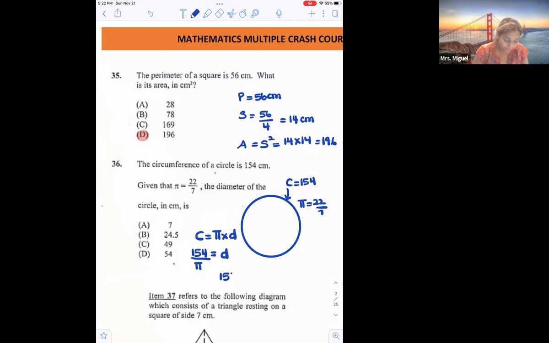So 154 divided by 22/7, which is 154 multiplied by 7/22. So 154 multiplied by 7/22 is equal to 49. The diameter is 49.